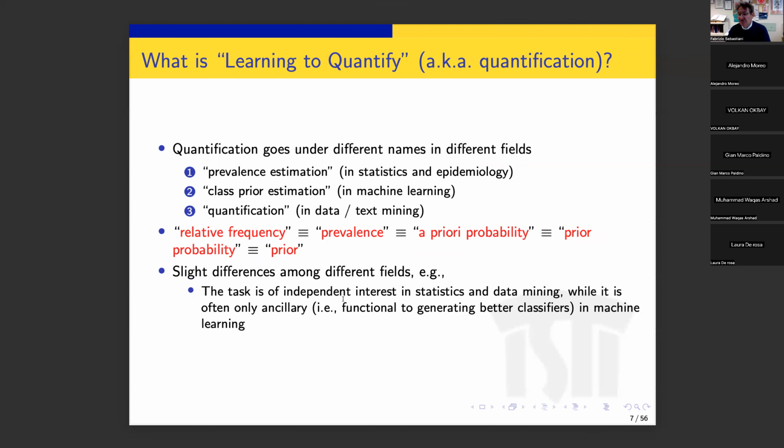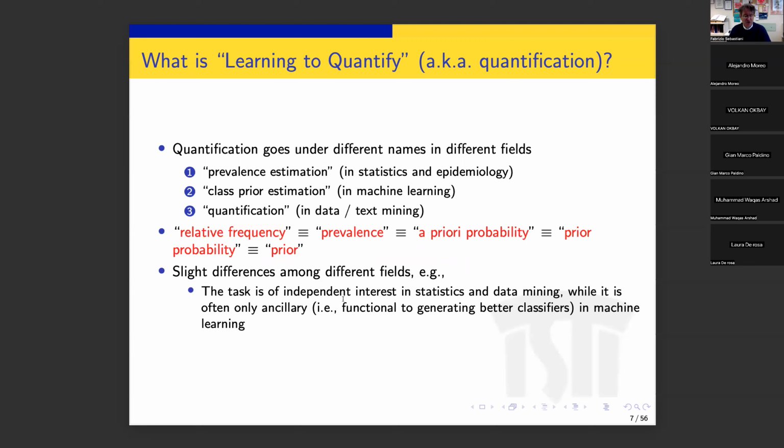We have said that quantification has been studied in different fields, and so it's not surprising that it goes under different names. Typically people in statistics, epidemiology, social science, etc., call it prevalence estimation. Machine learning people tend to call it class prior estimation, or simply prior estimation, while people from data mining, text mining, IR tend to call it quantification. We will stick to the name quantification or learning to quantify for ease of explanation.